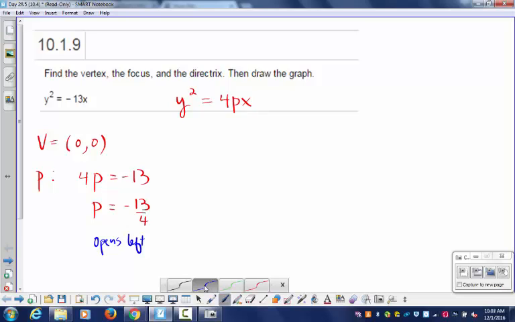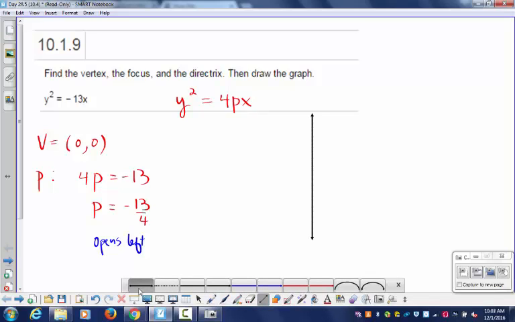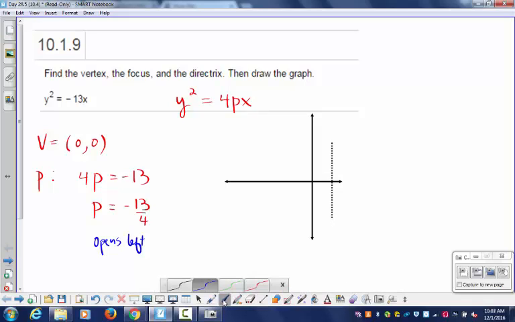All right. So let's go ahead and start sketching the graph. P is going to be the distance from the vertex to the focus. Similarly, it will be the distance from the vertex to the directrix. So the directrix is a line. Let's put the vertex up here.